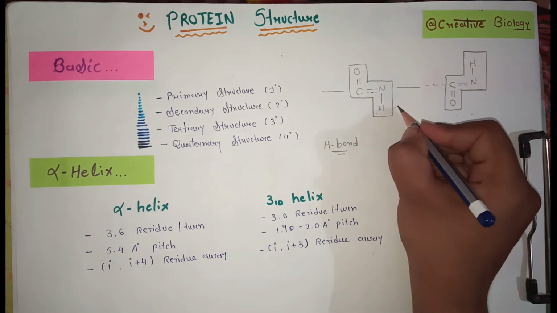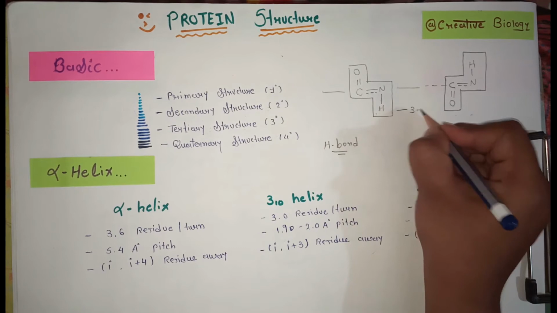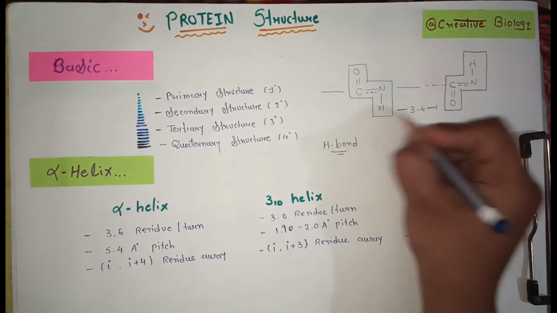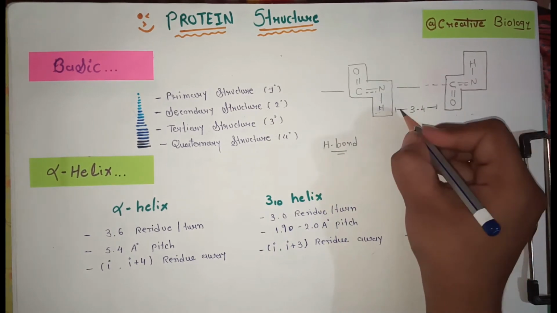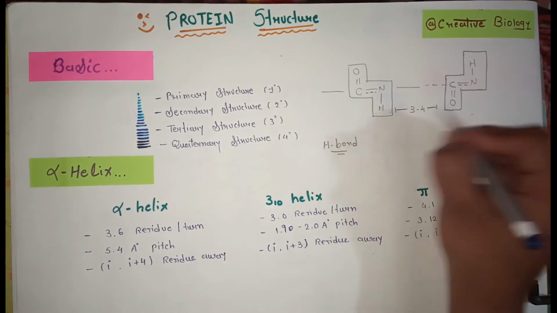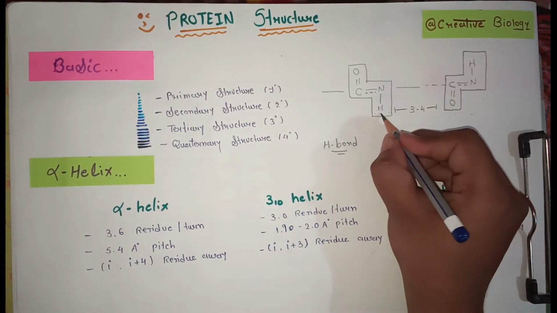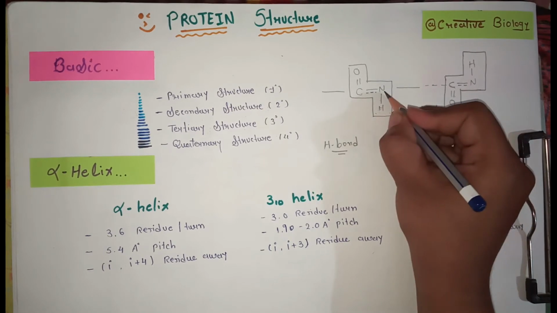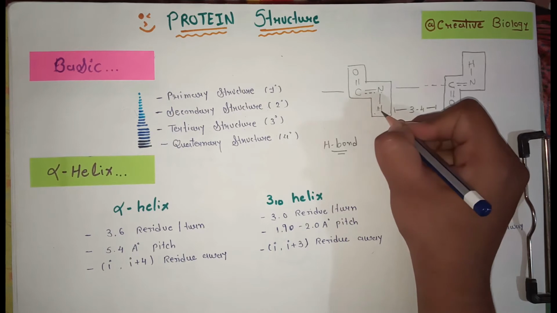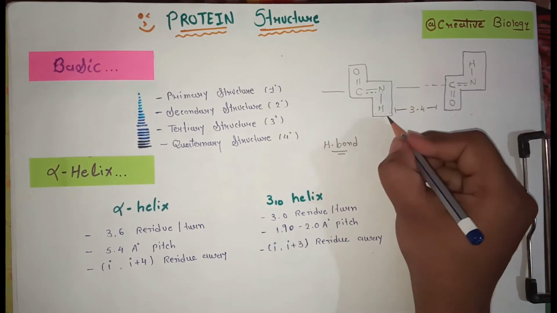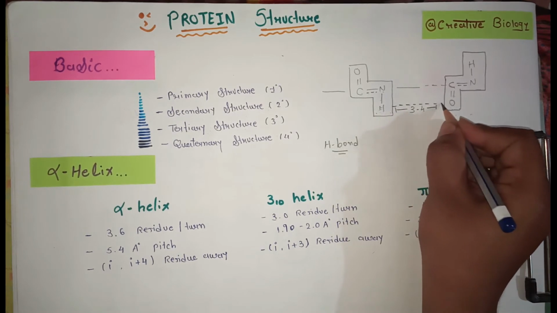Let's assume this is the first peptide bond, and after a 3 to 4 amino acid gap there is another peptide bond. So a hydrogen bond is formed between the oxygen of this carbonyl carbon and the hydrogen atom of this nitrogen, or we can say the NH bond. So here the hydrogen bond is formed between these two.